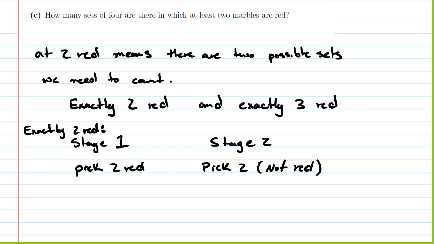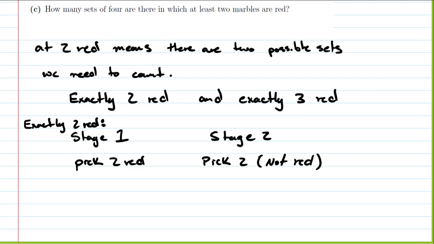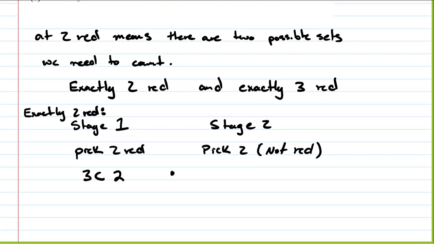So how many ways can I pick 2 red marbles? Well, how many red marbles were there? Well, 3. So this is going to be 3 choose 2. And then in stage 2, I need to pick 2 marbles that are not red.